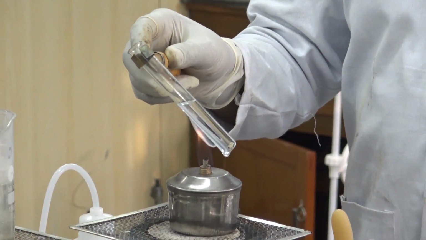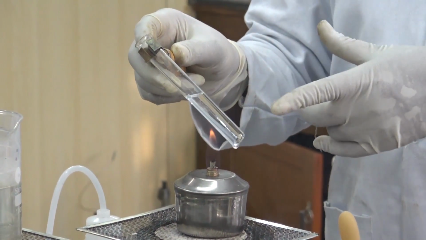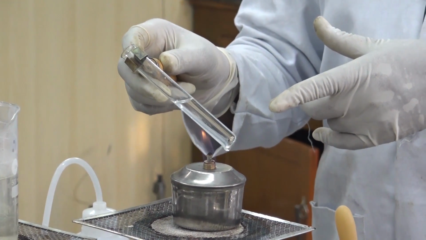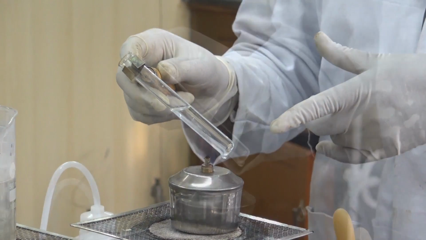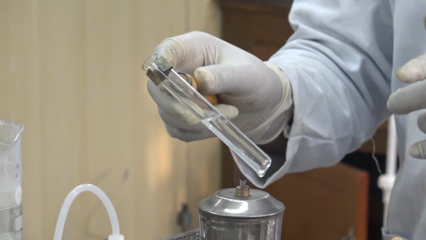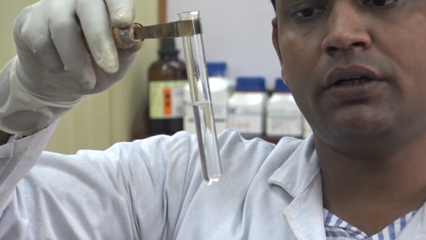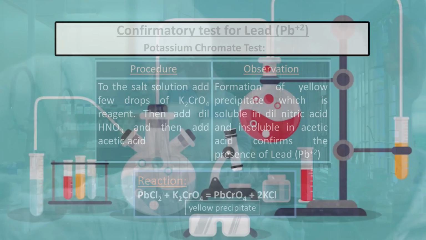The yellow precipitate, which was formed after addition of KI, is completely soluble in hot water. This confirms the presence of lead cation in our sample.